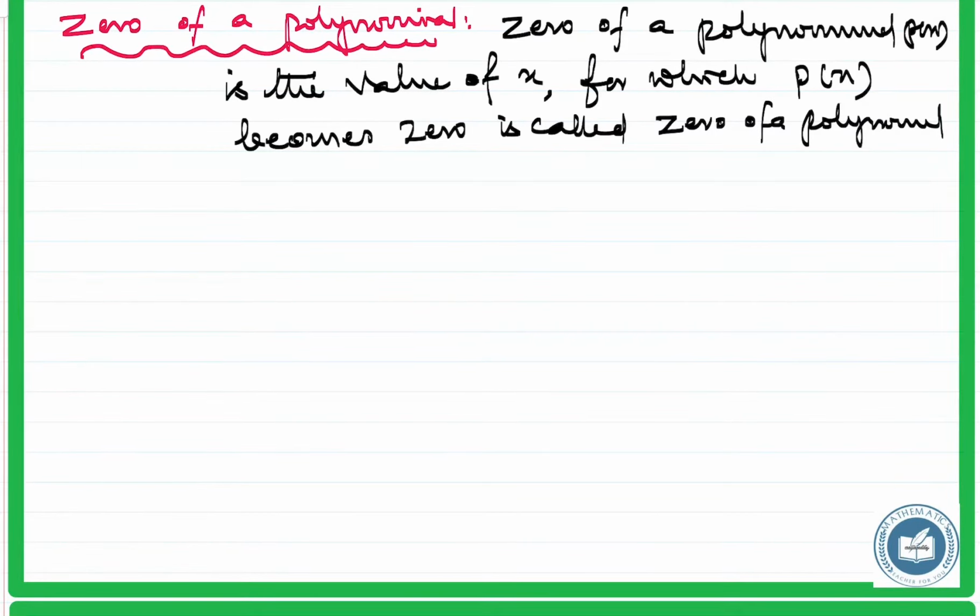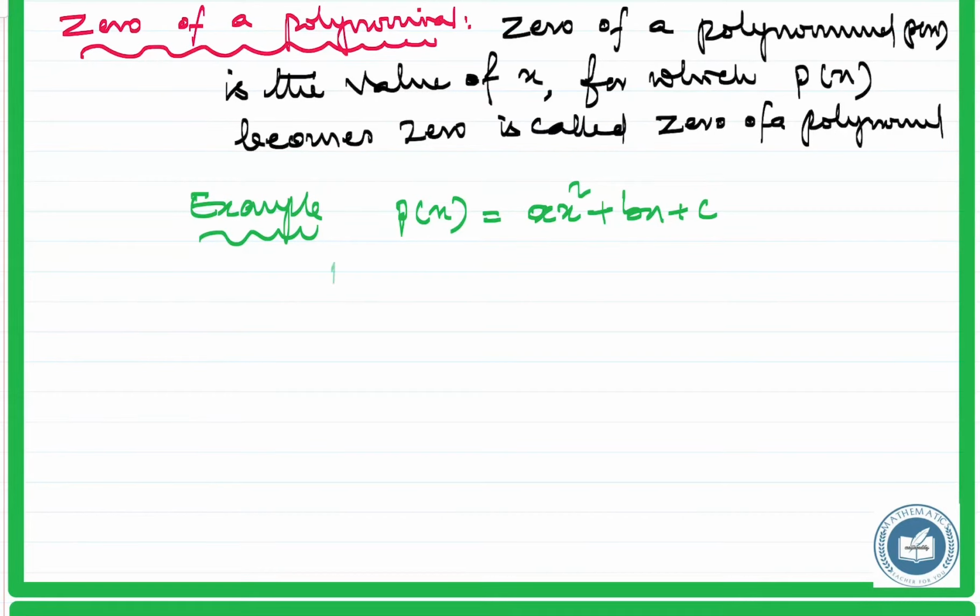So, I will explain by giving one example here. Imagine that p of x is a polynomial of second degree, ax square plus bx plus c. In that, if x is equal to k, we take the x value as k.